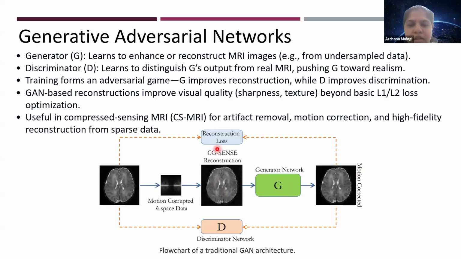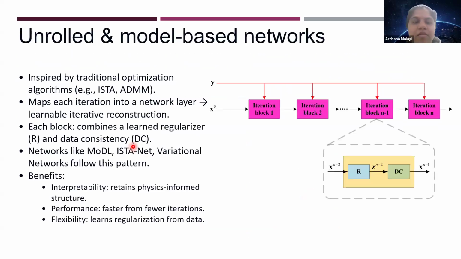And it is very useful for cardiac MRI, where it removes artifacts, does motion correction, and also reconstructs from sparse K-space data. So you can give an input image as well as Fourier transform K-space for GAN.